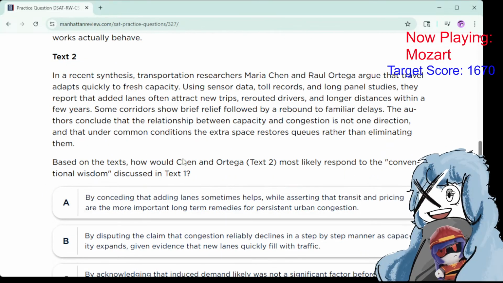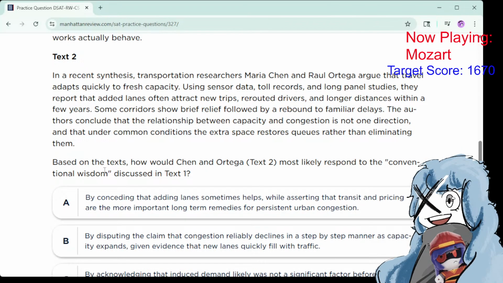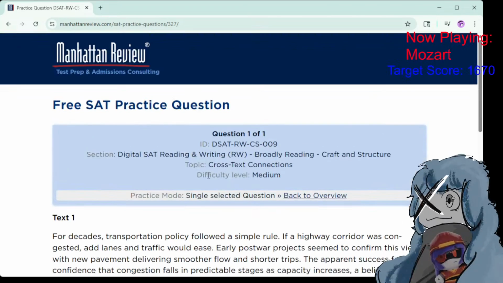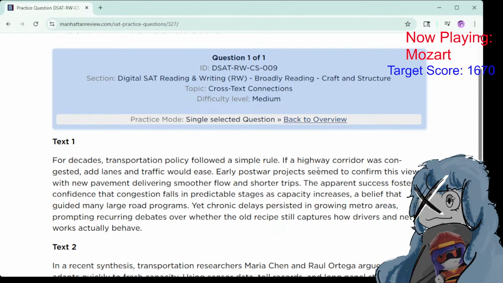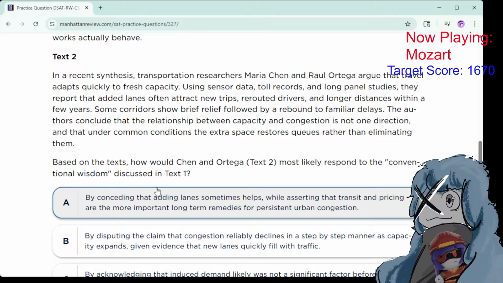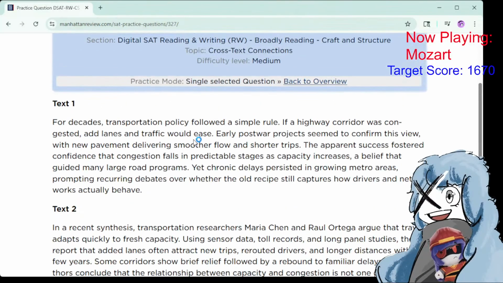Based on the texts, how would Chen and Ortega most likely respond to the conventional wisdom discussed in text 1? Not the conventional wisdom again. Where does this say conventional wisdom?